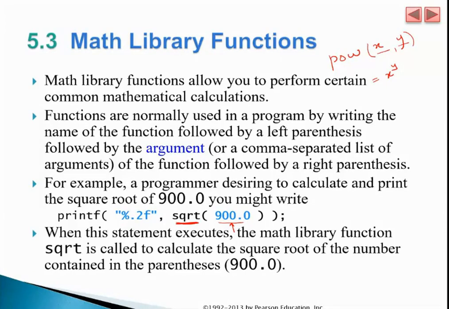In the parentheses, if there is more than one argument, we can separate them using a comma, as we did in the power function, but square root takes only one argument, so we just write it as it is. When we use printf, it will print 30.0.